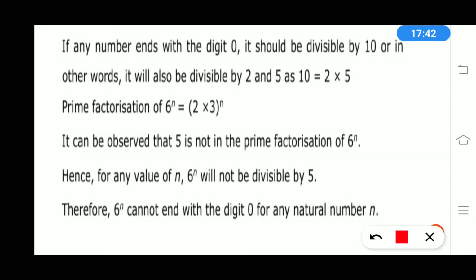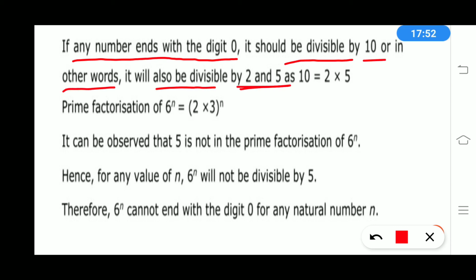Here, if any number ends with digit 0, it should be divisible by 10, or in other words also divisible by 2 and 5, the same thing, because 10 equals 2 into 5. So the prime factorization of 6 to the power n equals (2 into 3) to the power n, that means 2 to the power n into 3 to the power n, because 6 can be written as 2 into 3.